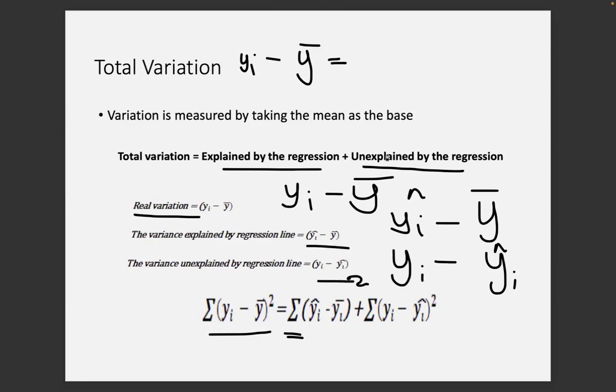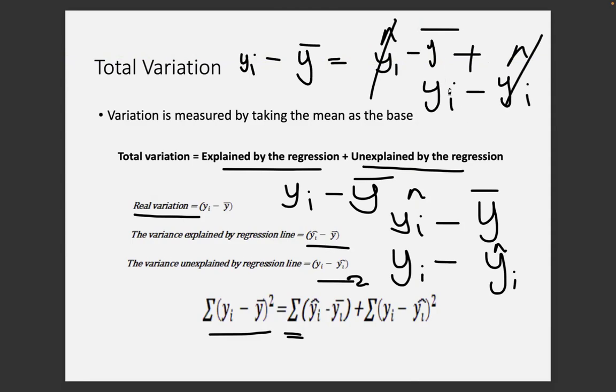If we add yi hat minus y bar, the explained part, and yi minus yi hat, the unexplained part, you can see these two terms get cancelled. Then the remaining part is again yi minus y bar, the same thing we had on the left side. So its square is equal to the sum of the squares of these two.